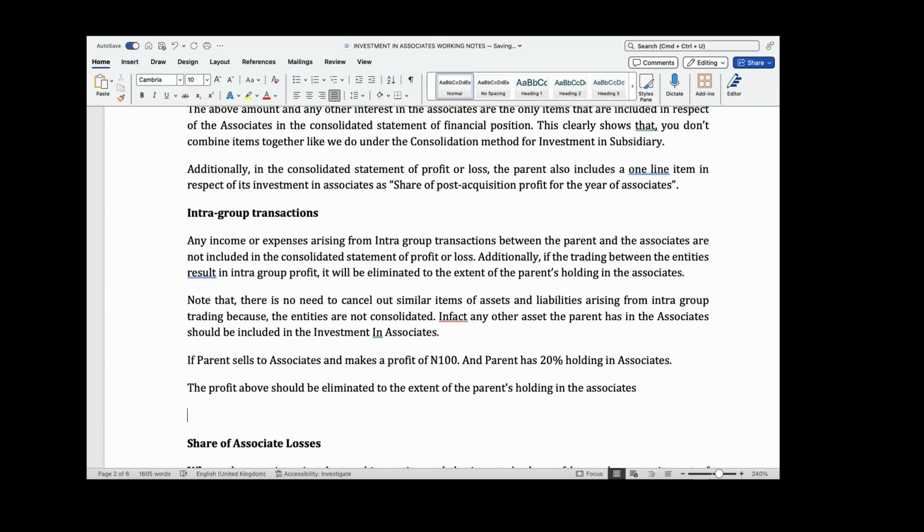That means in this case, the unrealized profit is simply 25% times 100, which is 25.